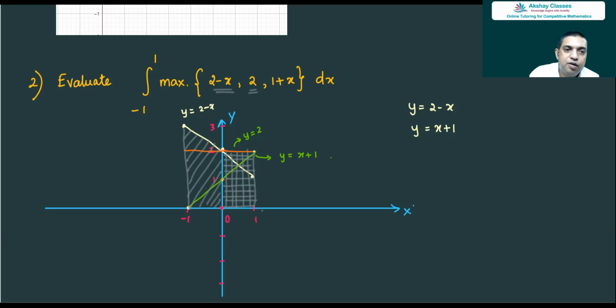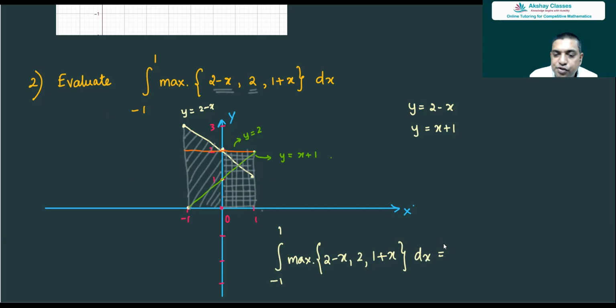So my integral will be very simple. The value of the integral from -1 to 1 of maximum of 2 minus x, 2 and 1 plus x dx will be the area of this total shaded portion. First one is a trapezium, half into sum of the parallel sides into the distance between them. Sum of the parallel sides, this is 3, this is 2.